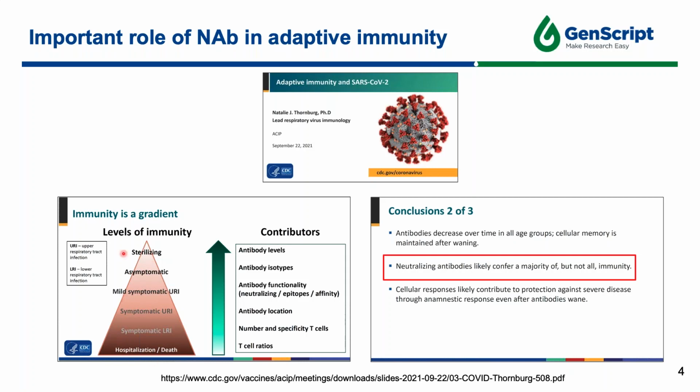From these different levels of immunity, the T cells are mainly responsible for preventing severe disease such as mortality and hospitalization. And when the individual has very high antibody, especially neutralizing antibody, it can generally protect them from mild disease and symptomatic infection. So that is the answer to the question.